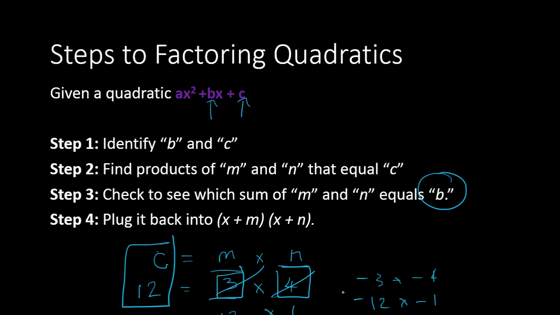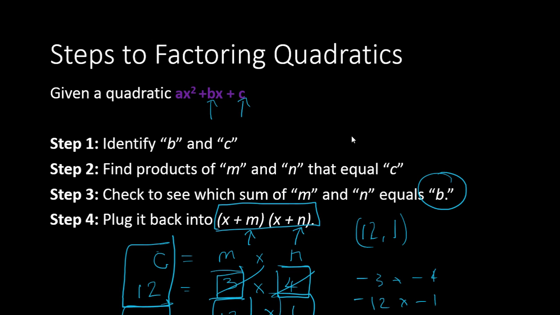That's not the pair I want. 6 plus 2 is equal to 8. That's not the pair I want. But here I see 12 and 1. When I take the sum, I get 13. So 12 and 1 must be the pair that I want. I'd plug these back into my setup, and now I've just solved for m and n.